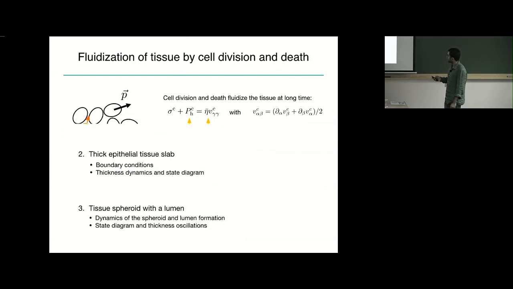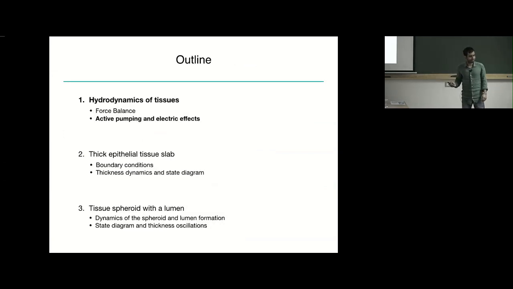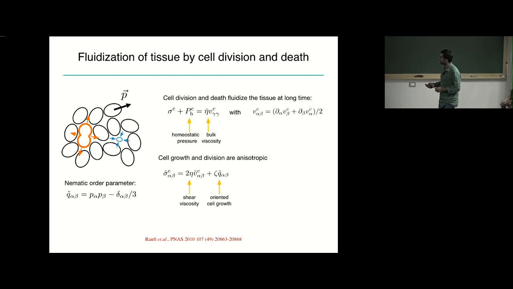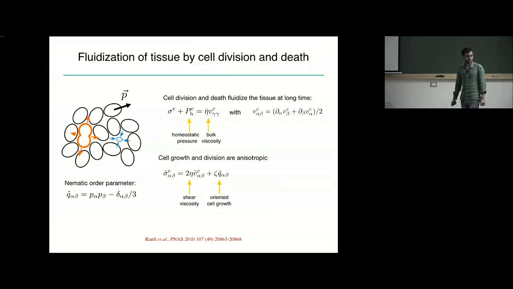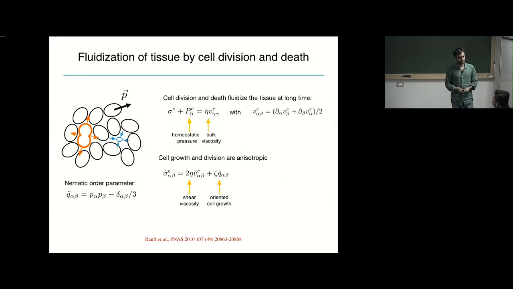The viscous term for the anisotropic case comes with 2 eta, the shear viscosity, if you apply a shear. Understand the physics: you have a cell division taking place, and that's given by this term, the orientation.